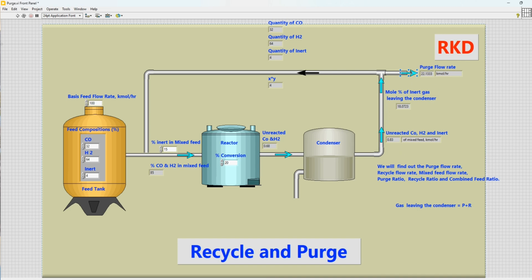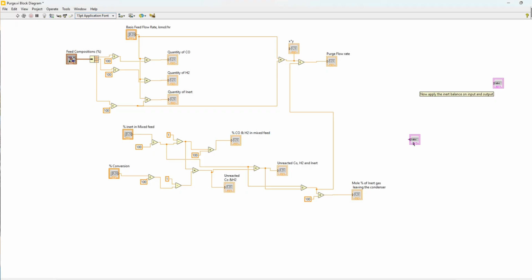So this and total P and R. So from here again we'll rearrange. We know the value of the P, so from here we can easily get the value of R. That means recycle ratio. So how can we get it? See here.